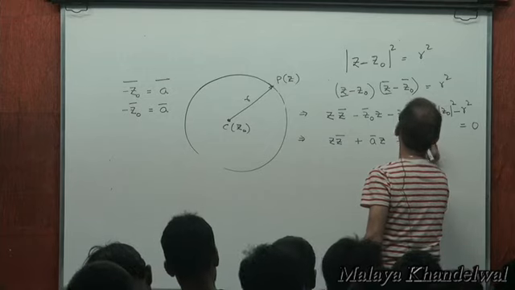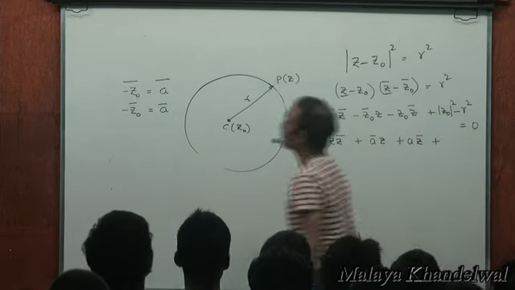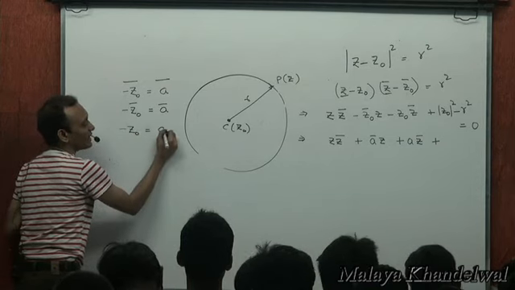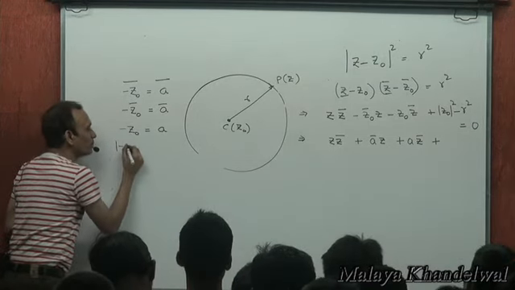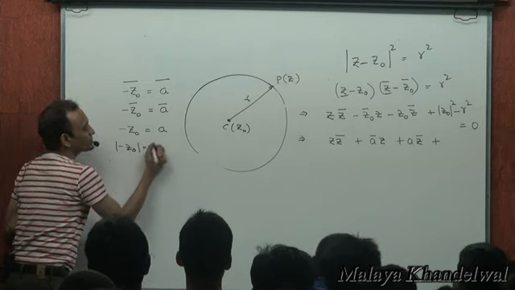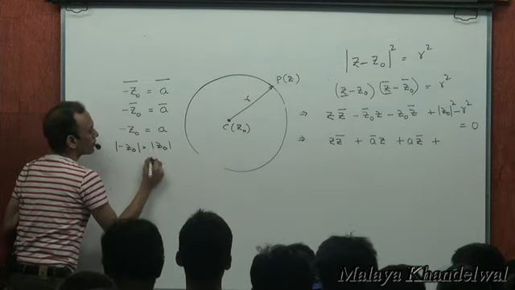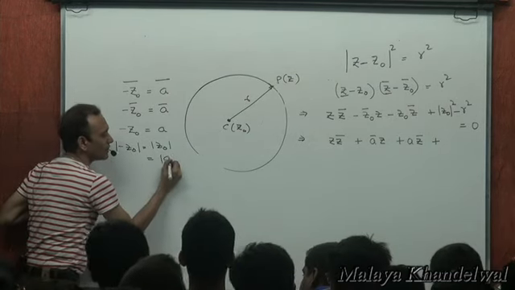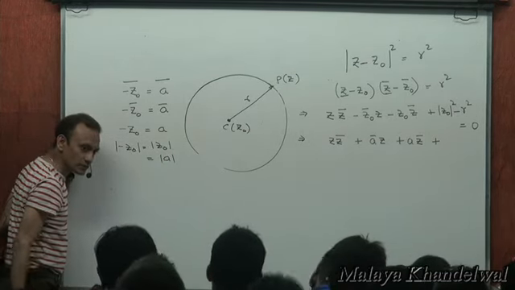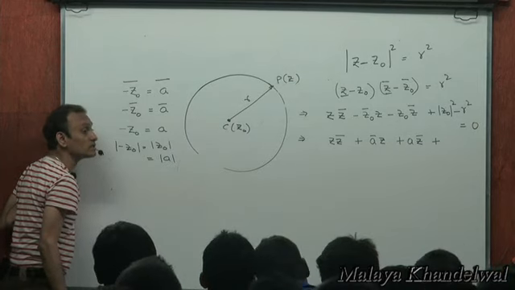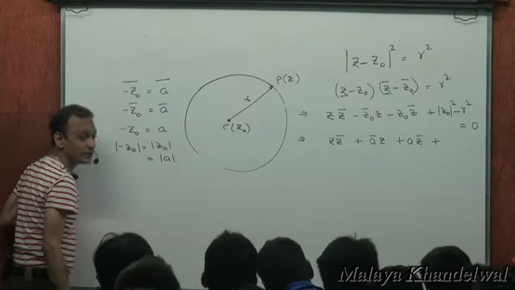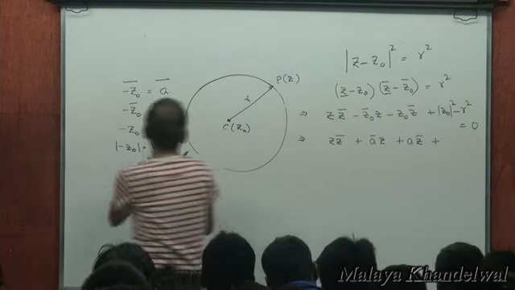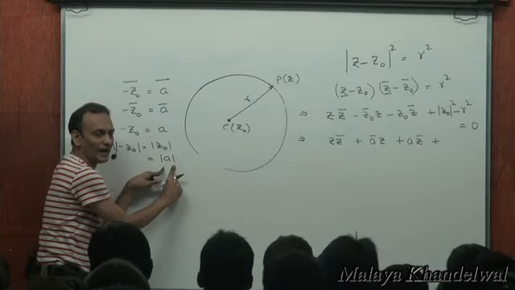A z bar plus. Now, if minus z naught is chosen as a, then mod of minus z naught, which is the same as mod of z naught, because mod of minus 1 will be plus 1, will be the same as mod of a. A is a complex number. R is a real number. So this mod z naught squared would be the same as mod a squared.